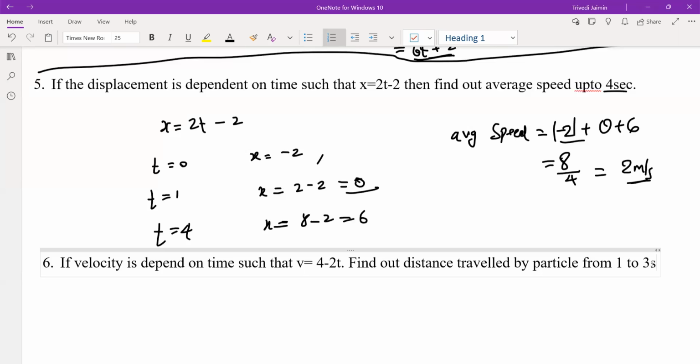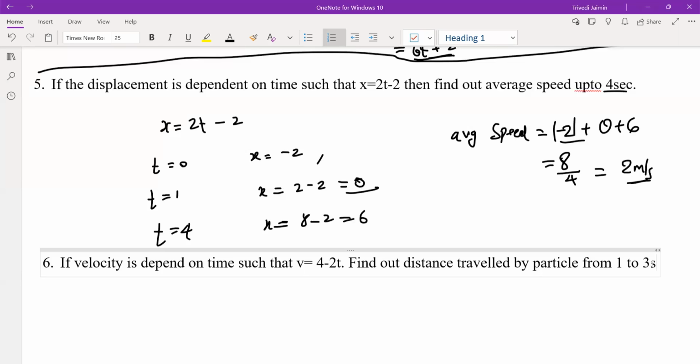So what will you do? Take velocity as 0. Then at what time will velocity be 0? Find out. At time 2. Yes. So the limits will be 1 to 2 and 2 to 3, both we have to do. Both limits we have to use.